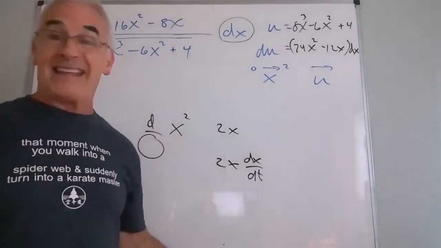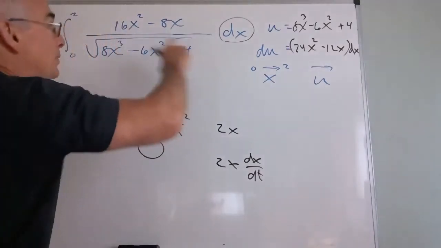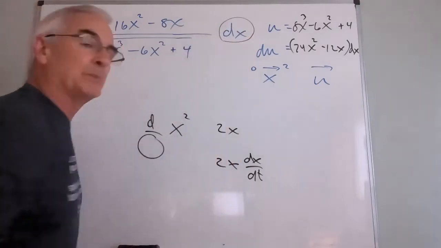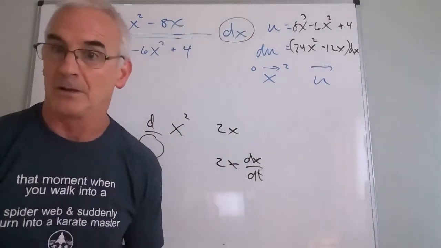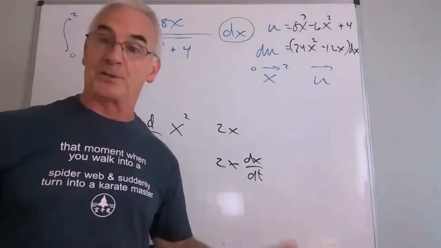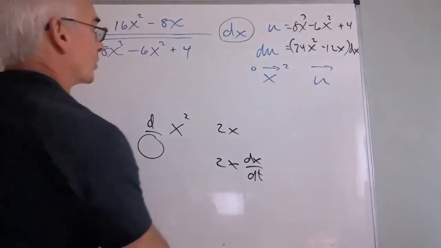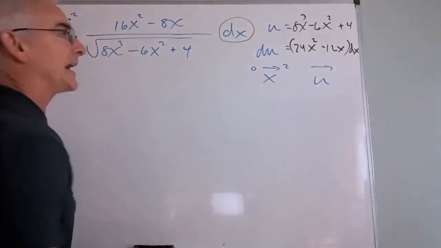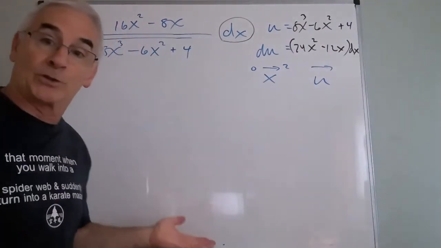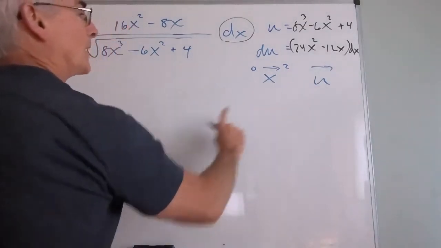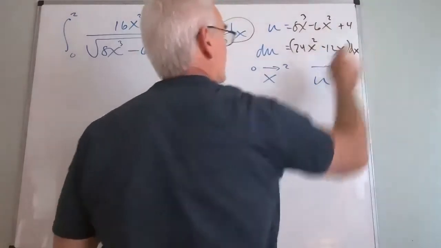That's not implied ever. In Calc 1 these can't be different variables. In Calc 3, they will always be different variables, because we'll have multiple independent variables at the same time. So leaving out the instruction means you know how to do the problem, but you don't know what you're supposed to do. So now my u, I go to this statement here.